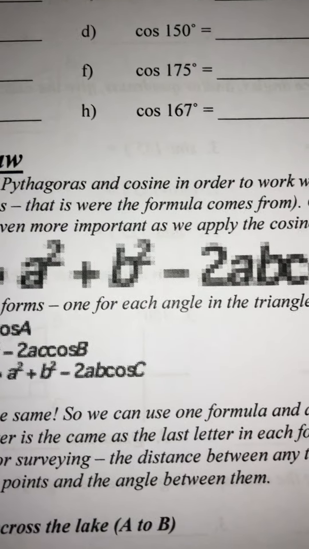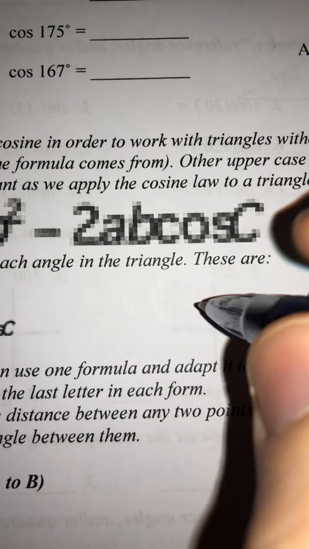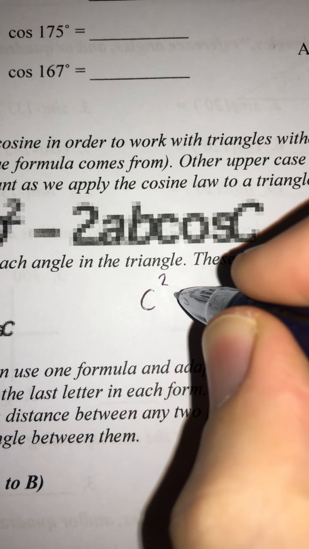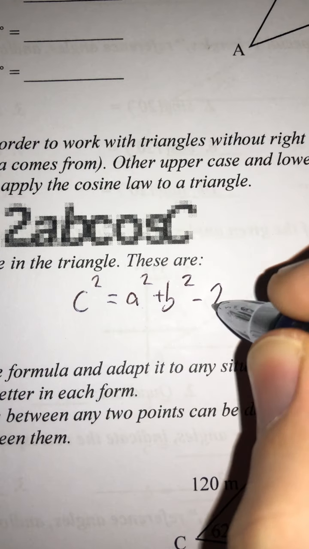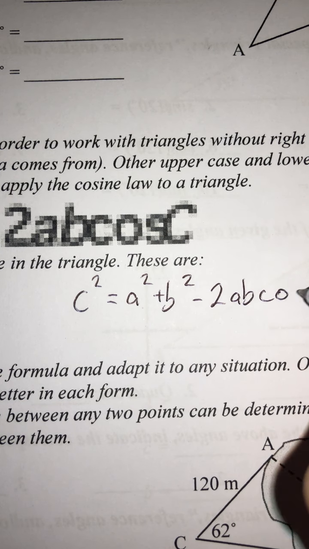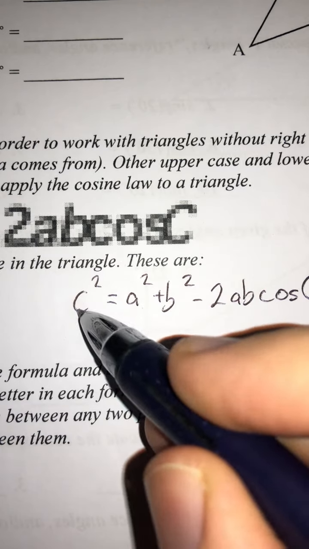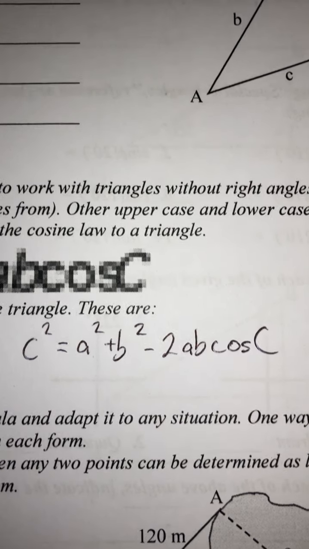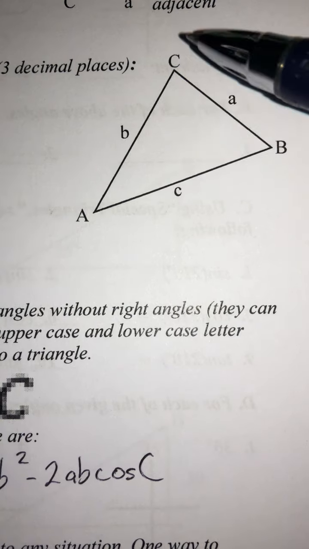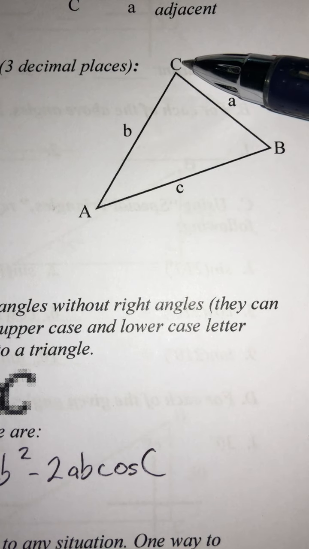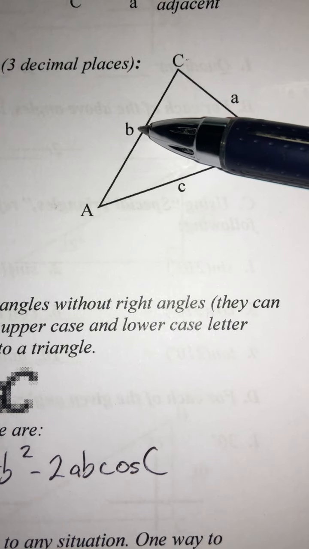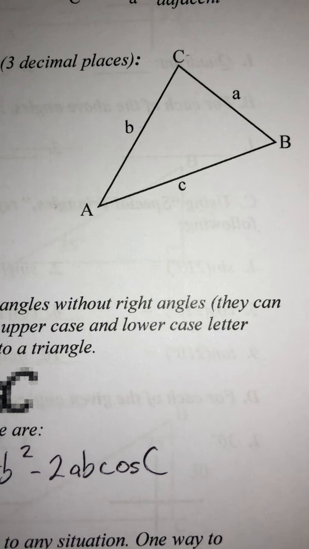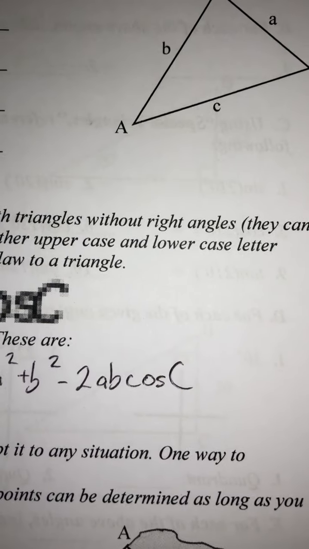So this equation's a little blurred, but essentially it's c squared equals a squared plus b squared minus 2ab cos capital C. So lowercase c, capital C. And this is from looking at the triangle here, making sure that capital C is the angle, lowercase c is opposite that. Capital B, lowercase b, and so on and so forth. So we need to use that to solve some equations.